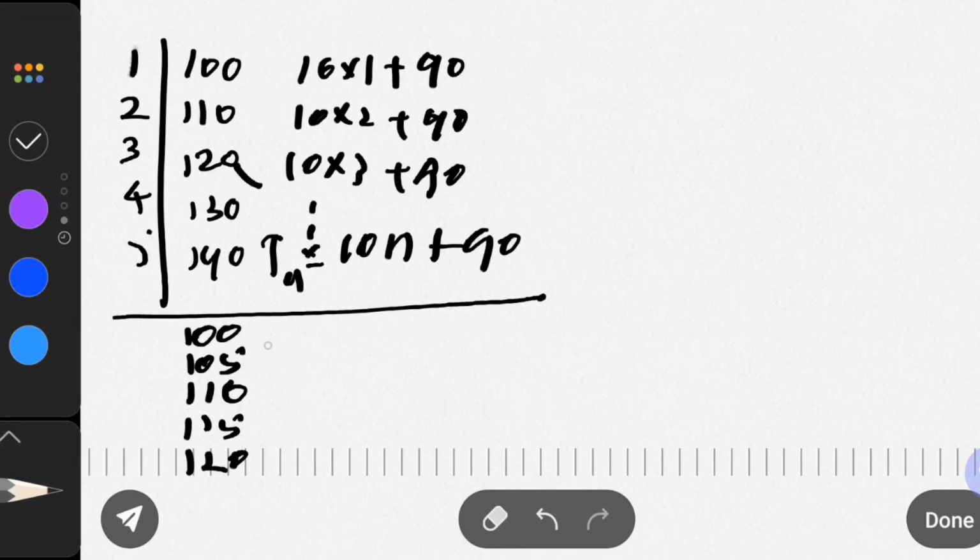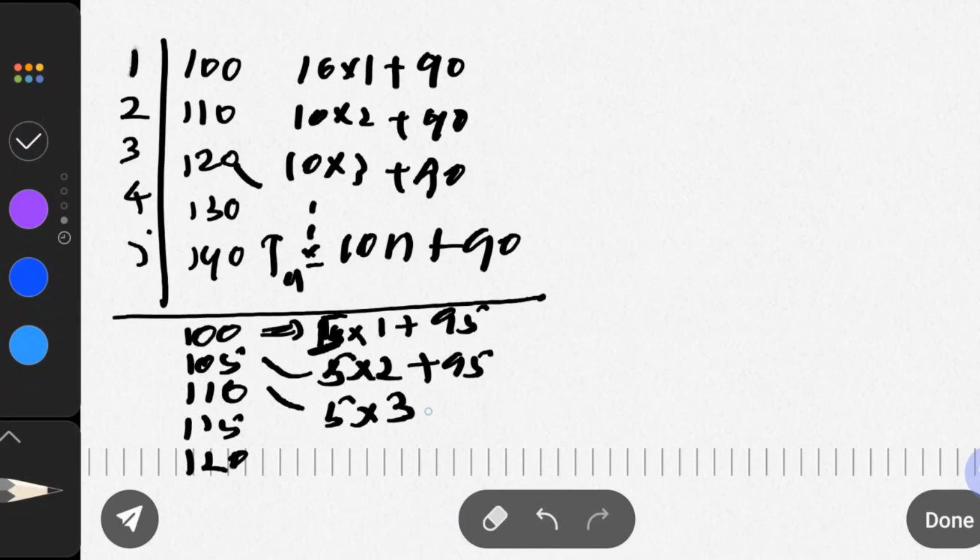So her common difference is 5. 5 times 1 is 5, so we'll have to add 95 to get 100. 5 times 2 is 10, and 10 plus 95 is 105. 5 times 3 is 15, and 15 plus 95 is 110. So by looking at this, we can say 5n plus 95 is the general term for Indunil's savings.